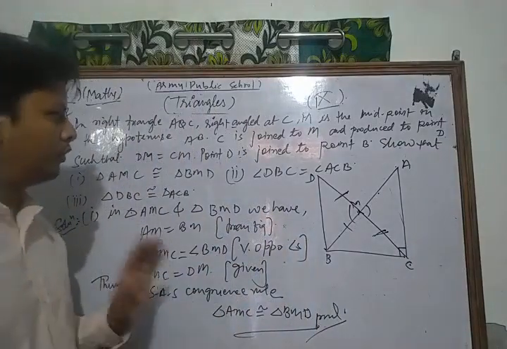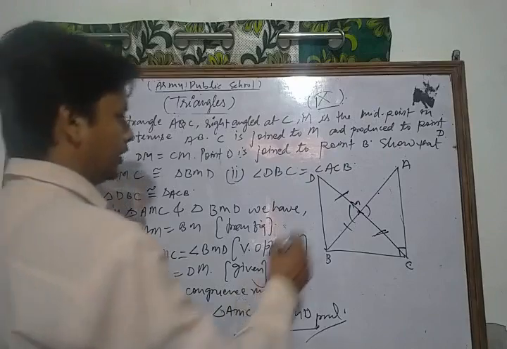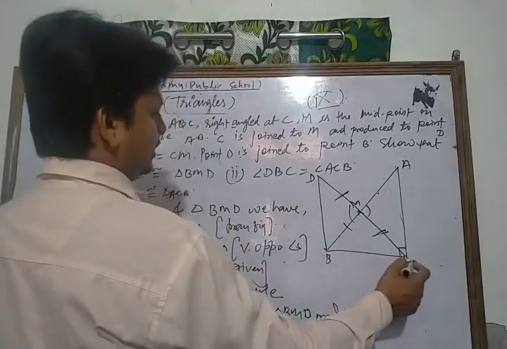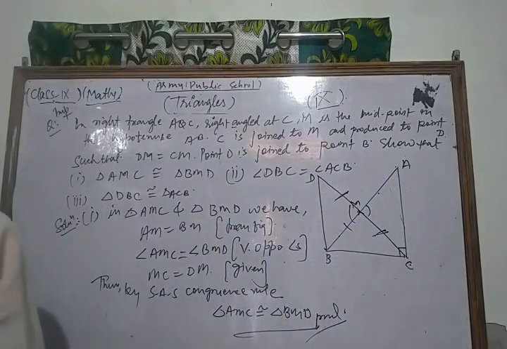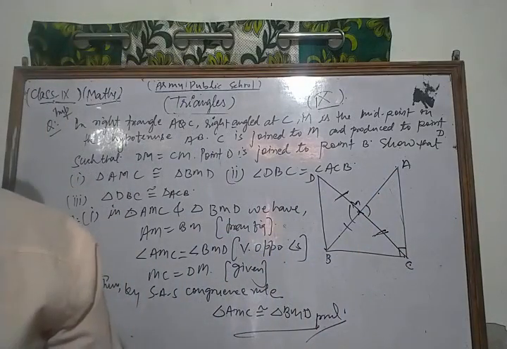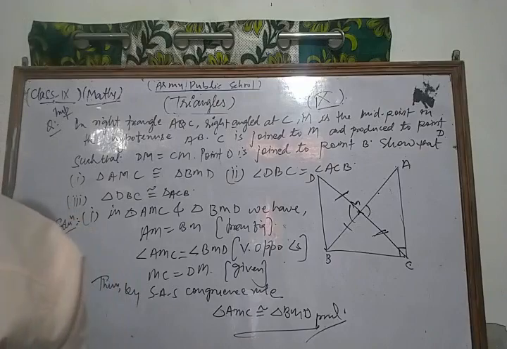Okay. So now we have to show that triangle DBC is congruent to triangle ACB. Now we take these two triangles.